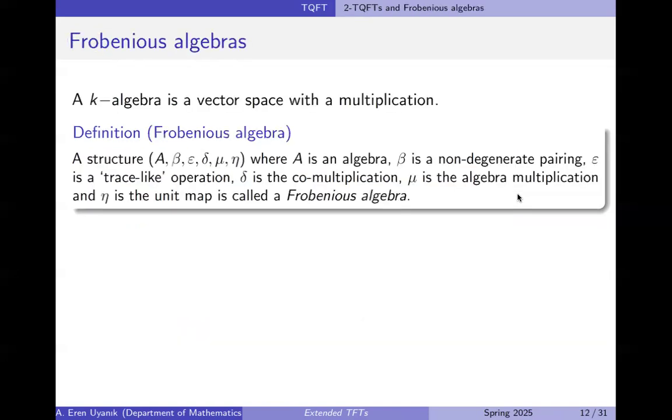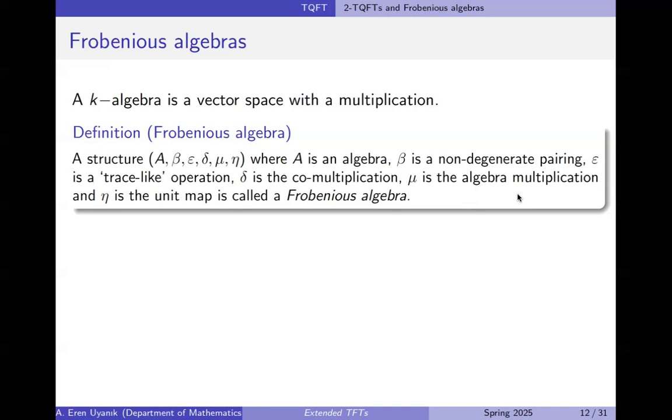So we have the concept of a Frobenius algebra. A K-algebra is a vector space together with a multiplication. The details of Frobenius algebras are not important for us, but it comes equipped with a structure: a bunch of maps, a non-degenerate pairing, a trace-like operation, the algebra multiplication, and the unit map.